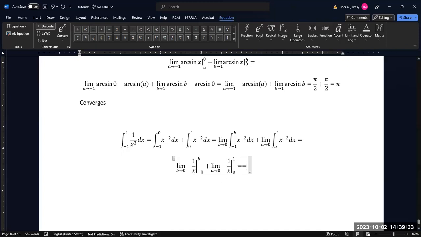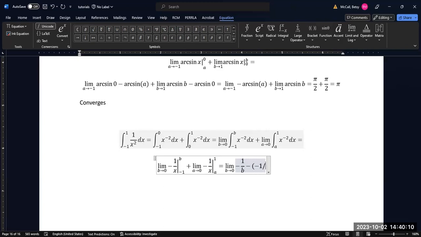The issue is going to be what's going on when you plug in the zeros. So as b goes to 0, when we put in b, we get -1 over b minus -1 over -1.